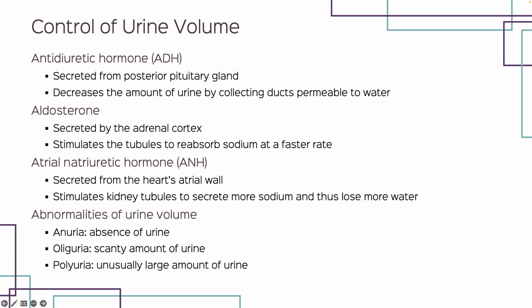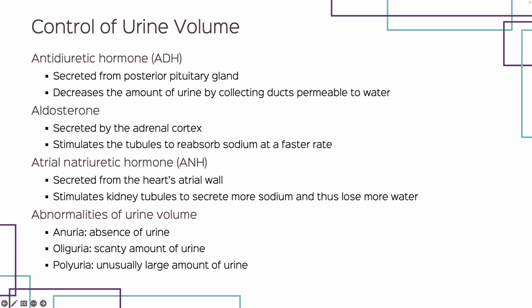So ANH is primarily the atrial natriuretic peptide, or ANP hormone, within humans. The ANH stimulates kidney tubules to secrete more sodium, and therefore we're going to lose more water. So ANH is a salt and water losing hormone. Therefore, ANH is going to increase our urine volume.